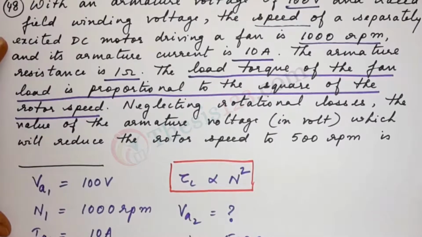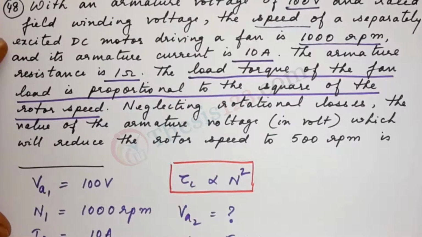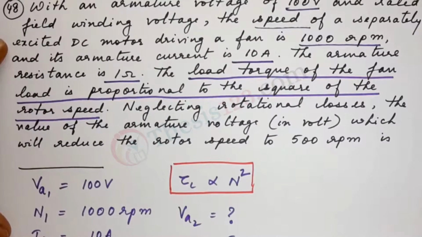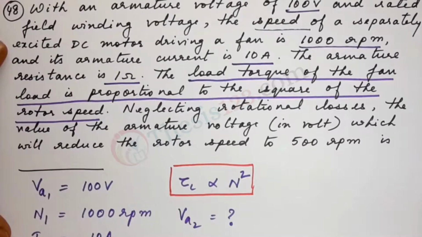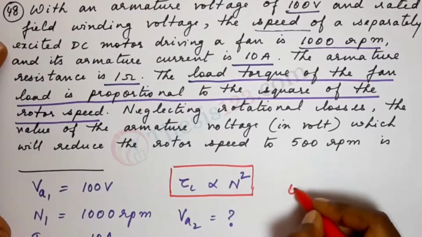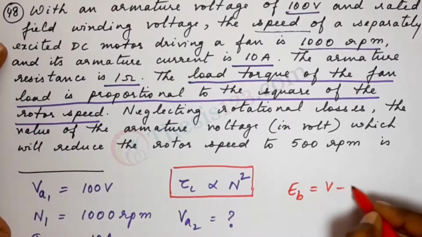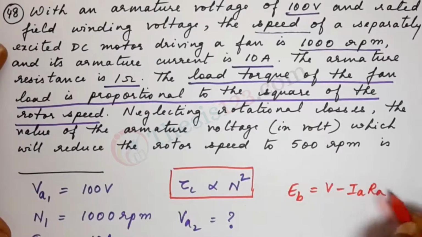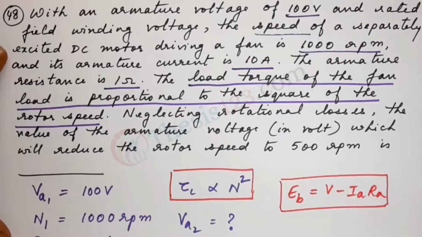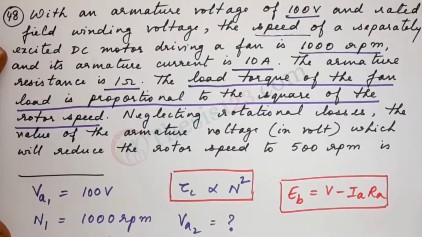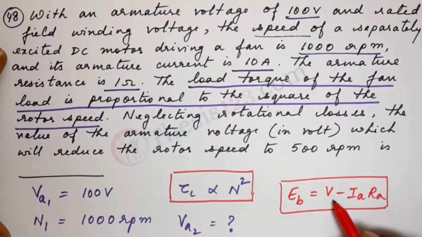Now, since the question talks about a separately excited DC motor, a couple of basic relationships should come to your mind, one of which is EB equals V minus IA RA. I'm sure this is familiar to you. Back EMF is equal to V minus IA RA. Here V is the armature voltage.